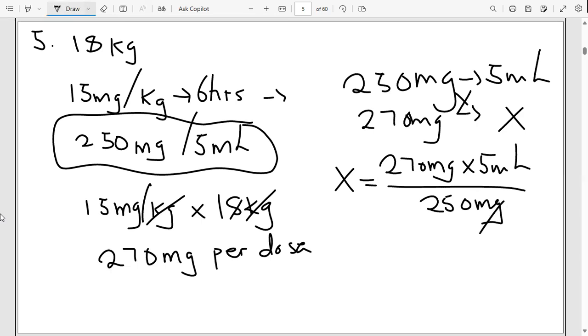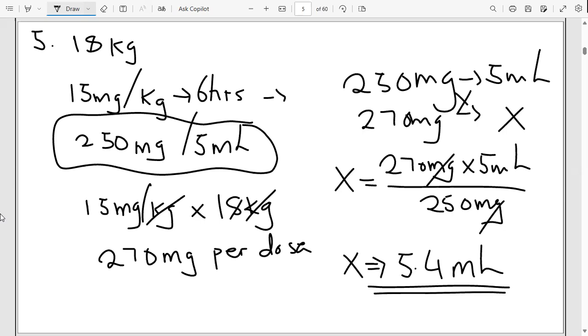The milligrams here and the milligrams there are going to cancel out, and we are going to remain with X, which is the actual volume in mils, equal to 5.4 mils. So the actual dosage that you are going to give should be 5.4 mils per dose. I hope there is no question there.